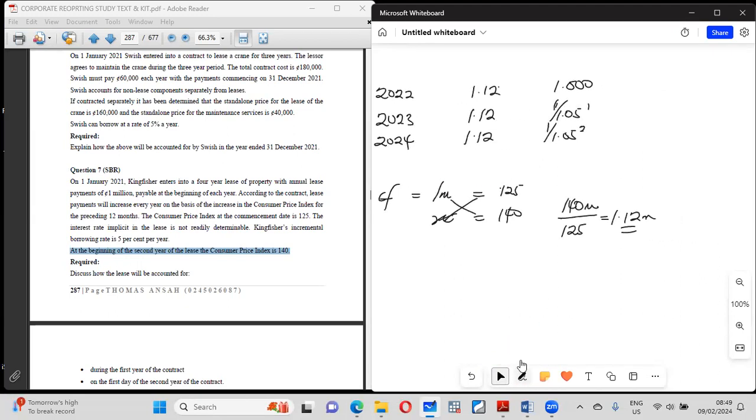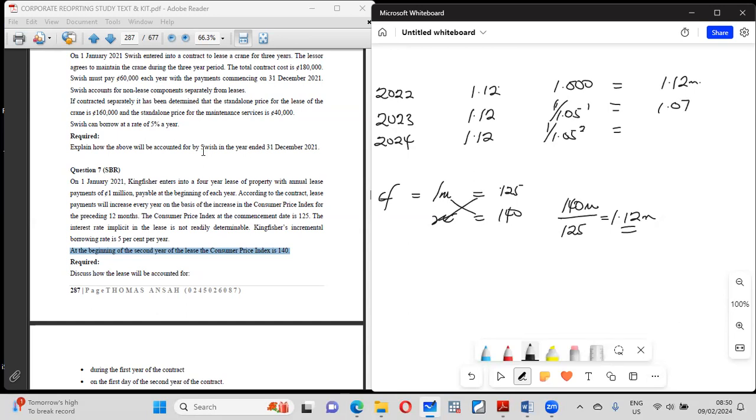So now my liability will be: here 1.12. For this one, 1 over 1.05 multiplied by 1.12, if I round it, gives me 1.07.